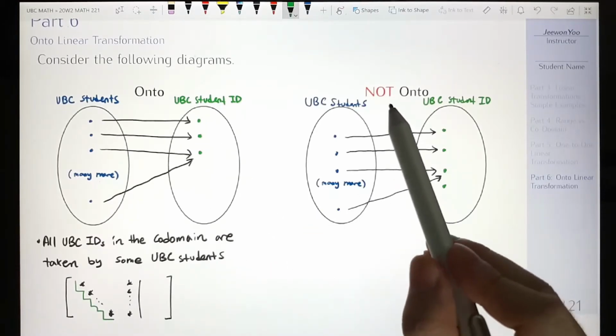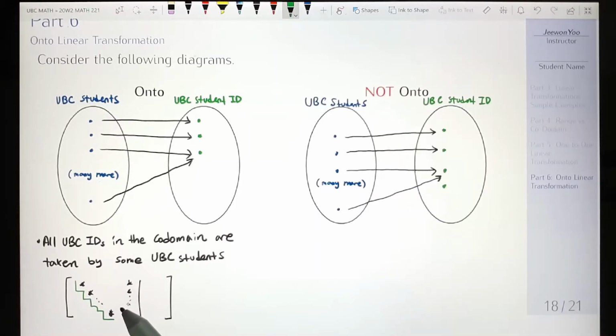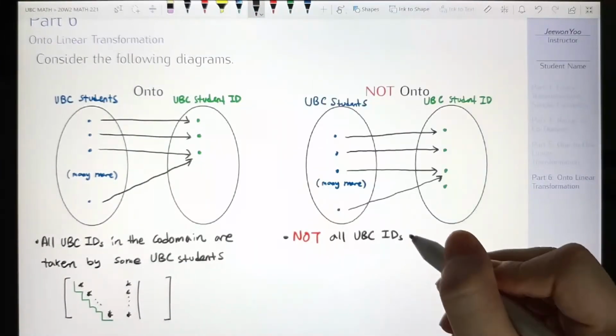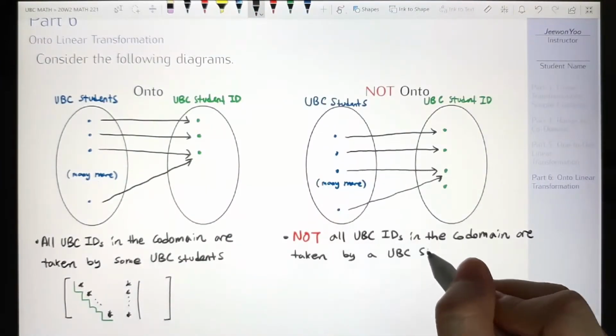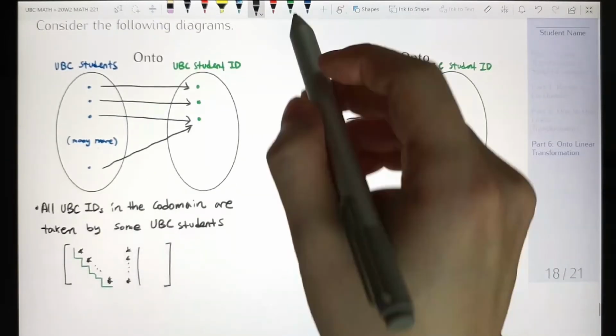But in order for us to have a transformation that is not onto, we shouldn't have a pivot in every row. So an echelon form of that augmented matrix should look something like this. No pivot in every row.